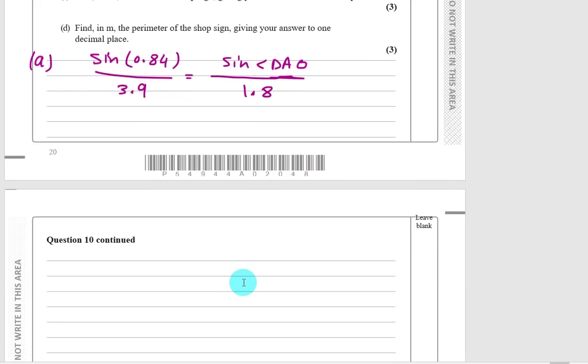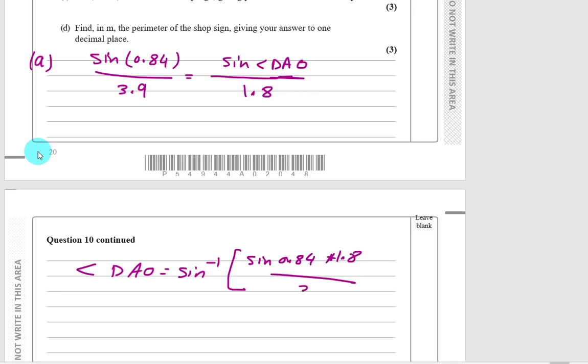So the angle DAO is equal to sine inverse of sine 0.84 times 1.8 divided by 3.9.